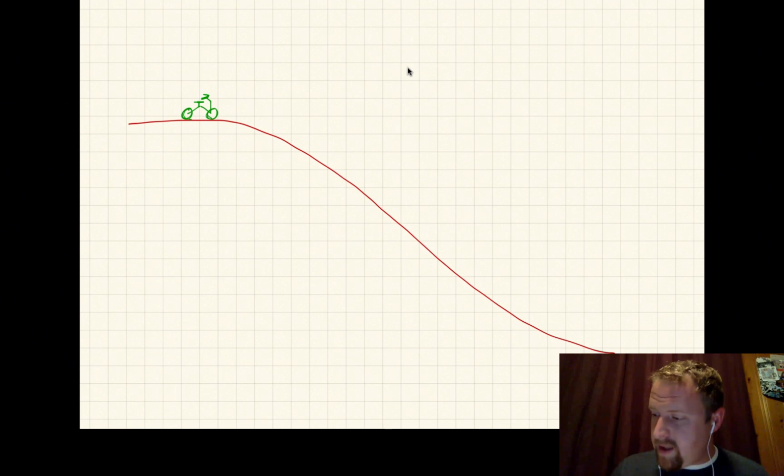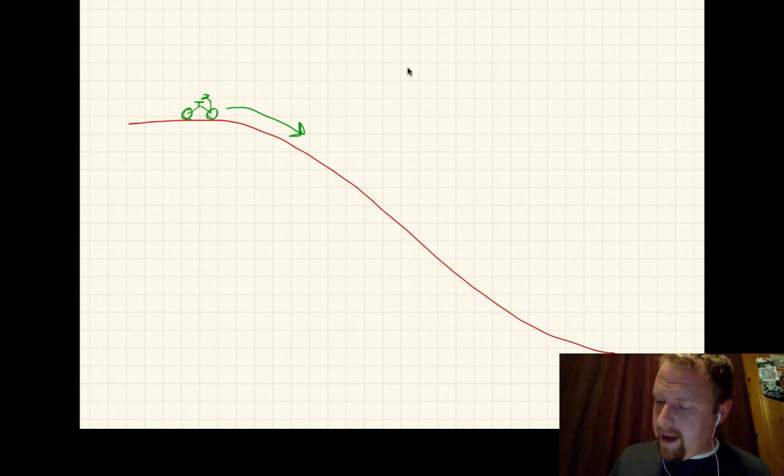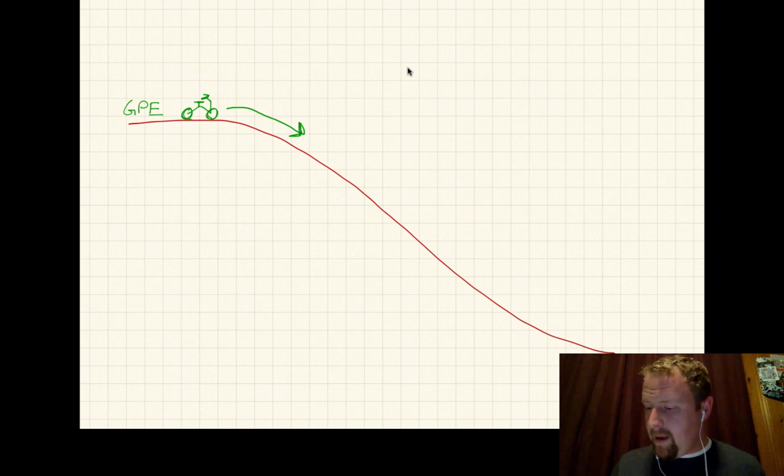And that bicycle is going to start to roll down the hill. Okay. Well, first of all, the bicycle started up really high. So it's going to have some, you guessed it, nice work, gravitational potential energy. All right, so it's going to have a lot of that because it started out really high, right?